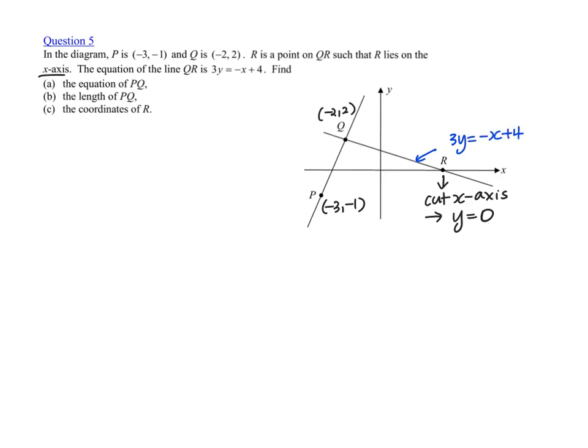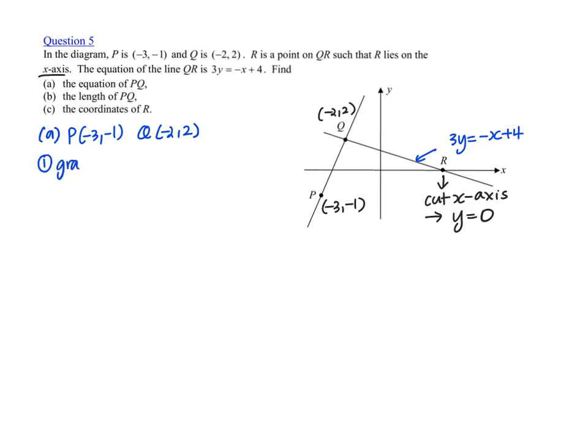Find the equation of the line PQ. So in order to find the equation for line PQ, first P is the point -3, -1. Q is the point -2, 2. So we focus on these 2 points. What are the steps to get the equation of the line? First step, find the gradient.